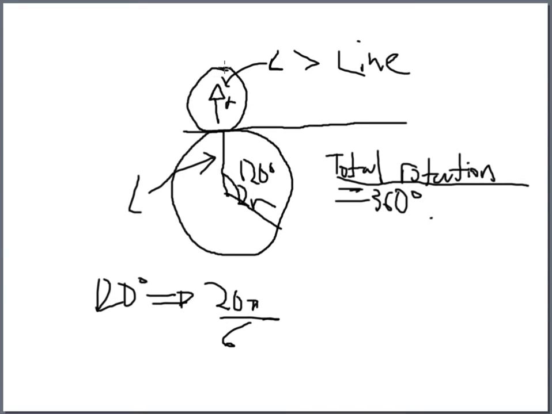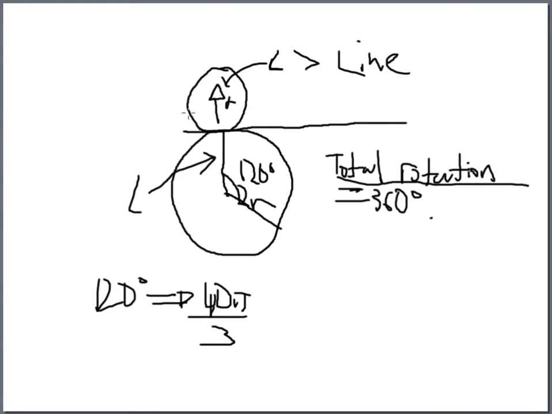So now, wait, 40 pi over 12, oops, sorry. 40 pi over 3, I don't know why I'm making all these mistakes. 40 pi over 3. So now it's going to be a little bit tougher to correlate this.